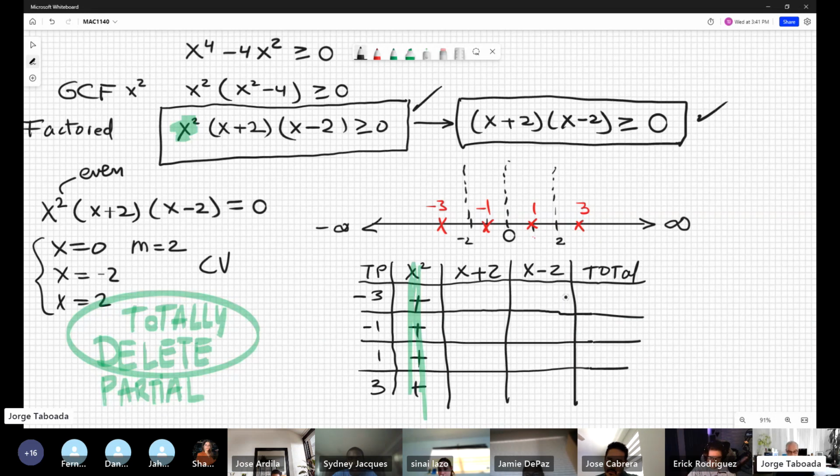The rest is mechanical. You plug it in here as negative, you plug it in here as negative, and 2 negatives is positive. Now negative 1 plus 2 is positive, and negative 1 minus 2 is negative, so the total is negative. For positive 1, plus 2 is positive and 1 minus 2 is negative, so it's negative again. And 3 plus 2 is 5, and 3 minus 2 is 1, that's positive.